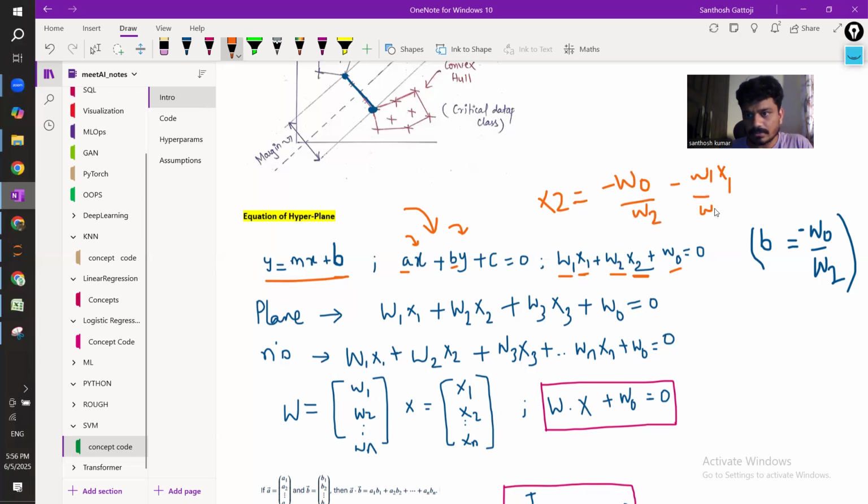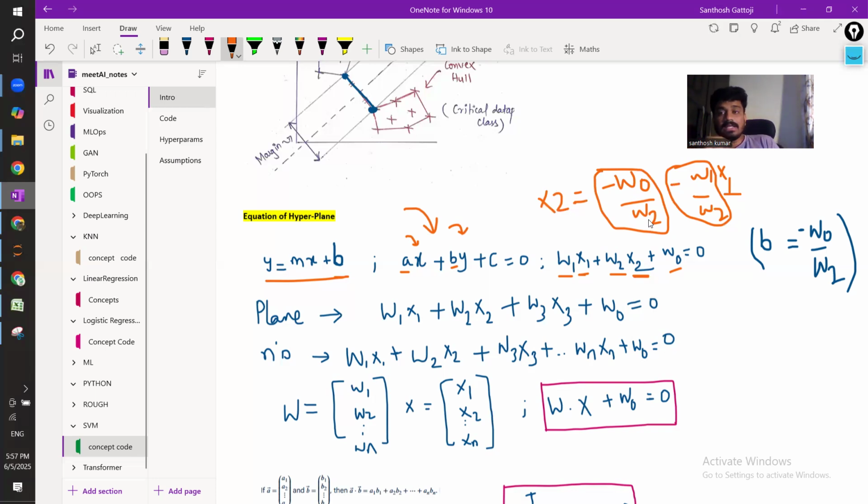Now this is in the form y equal to mx plus b: this is m, x plus this is b. M is minus w1 by w2, and b is minus w0 by w2. Now what is b? B is the y intercept.